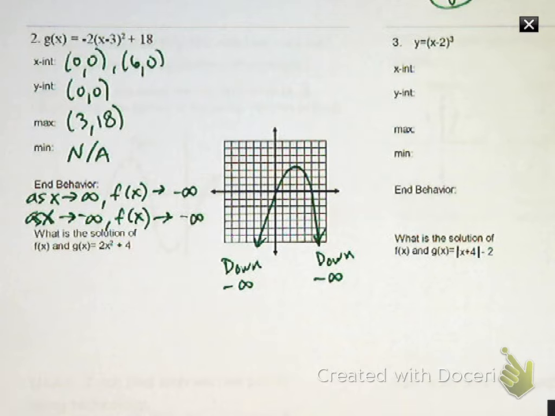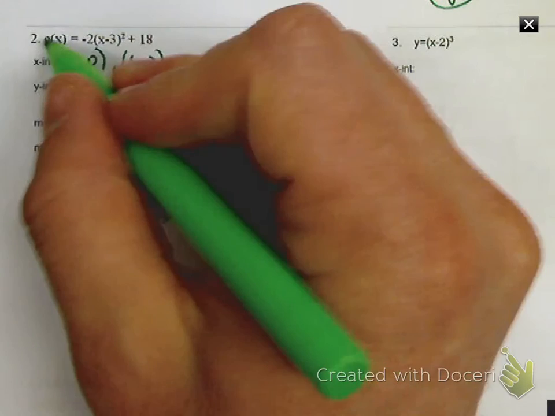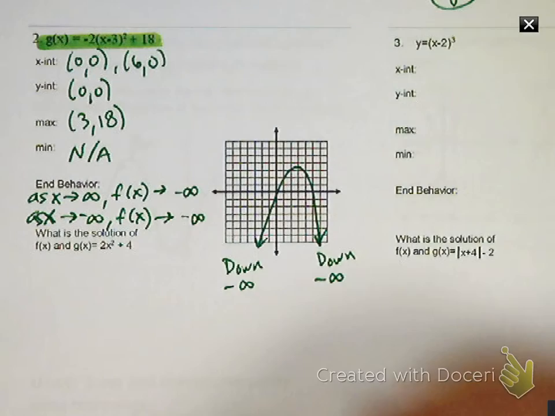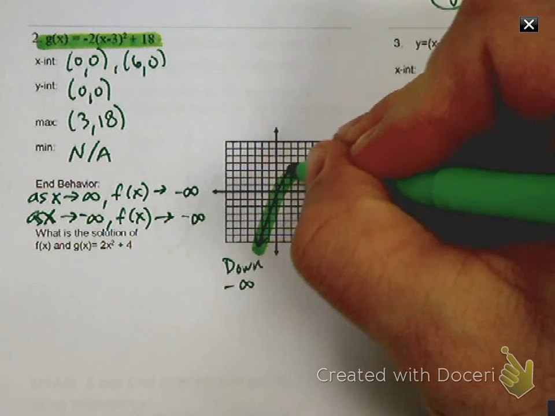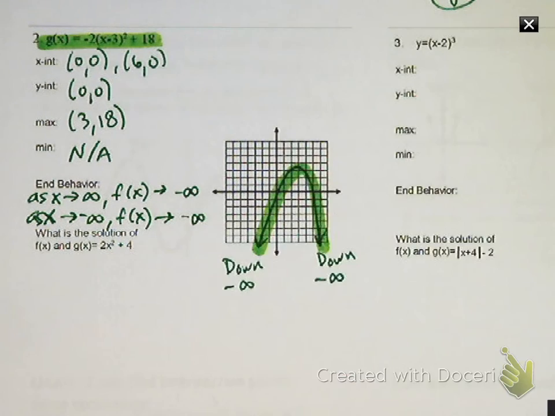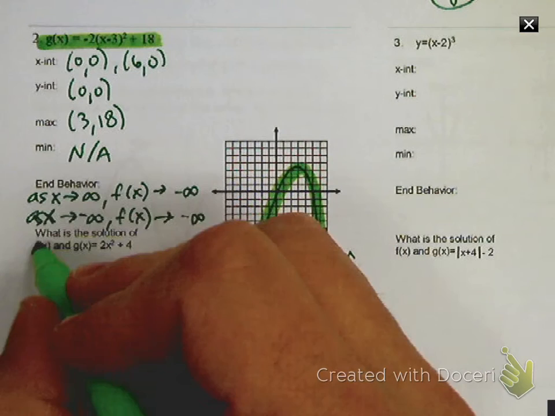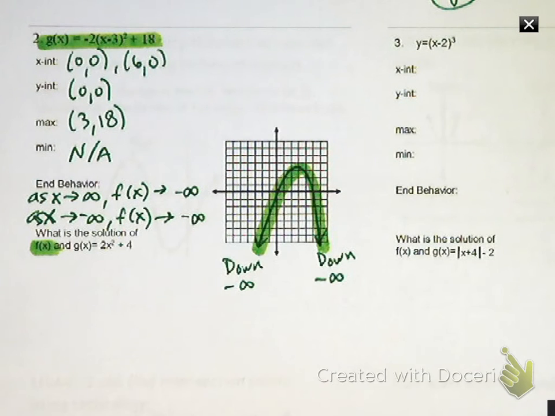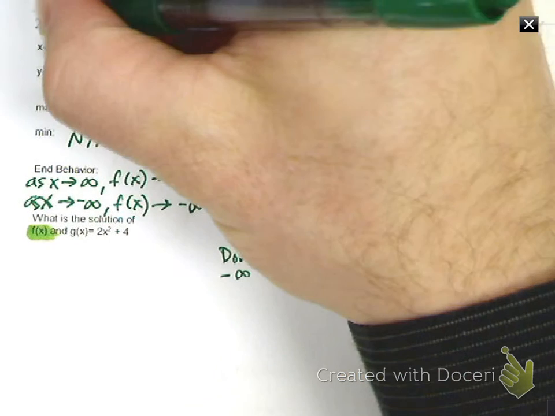Okay, so we started off with g of x. It's right here. And this last question asks us, what is the solution of, I can see that there was a typo here in what I wrote. This was supposed to be f of x.